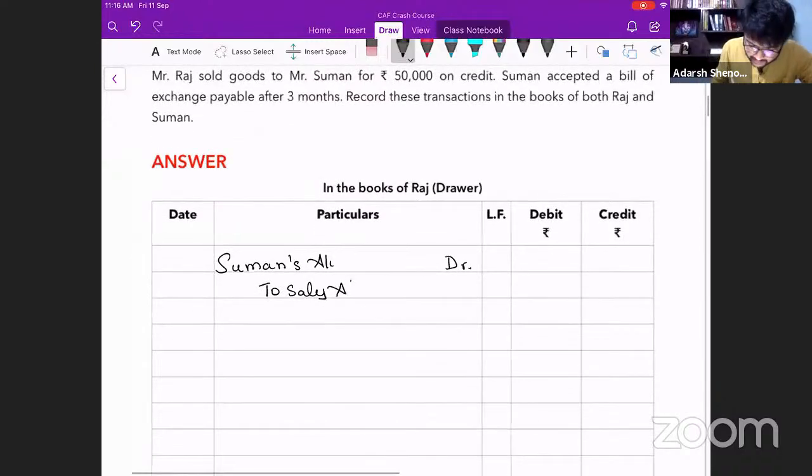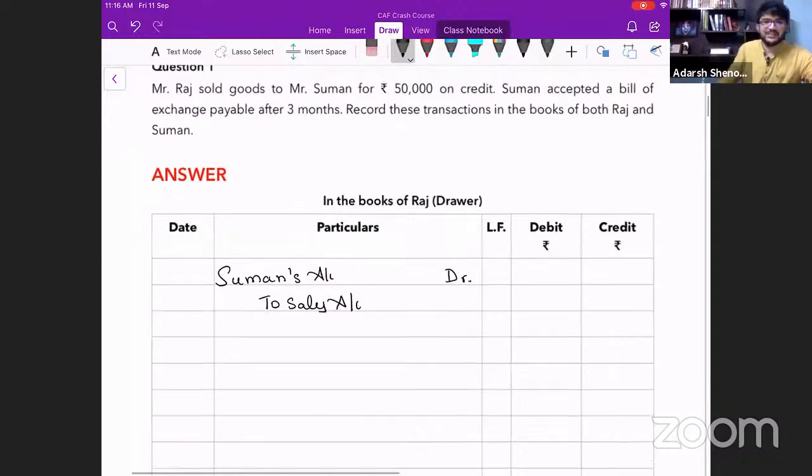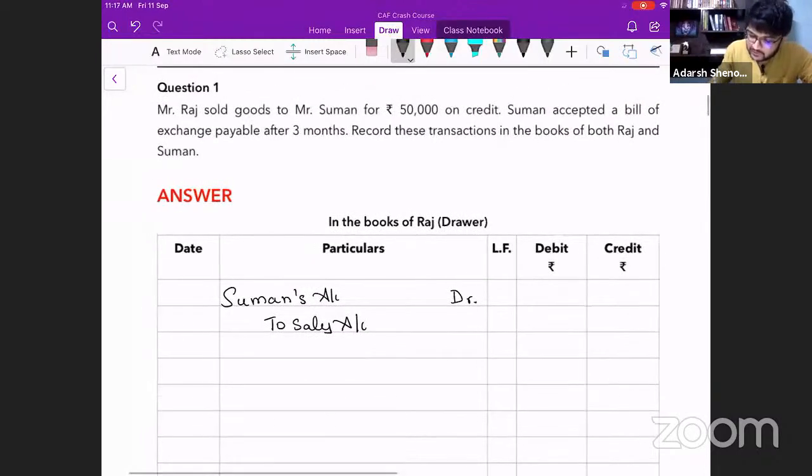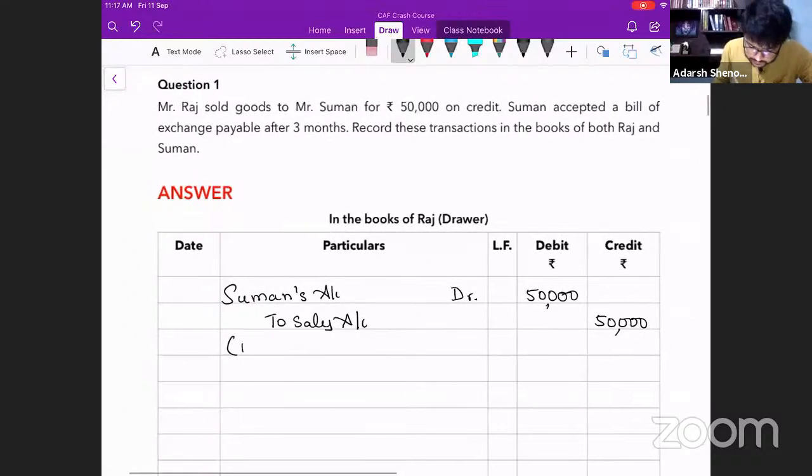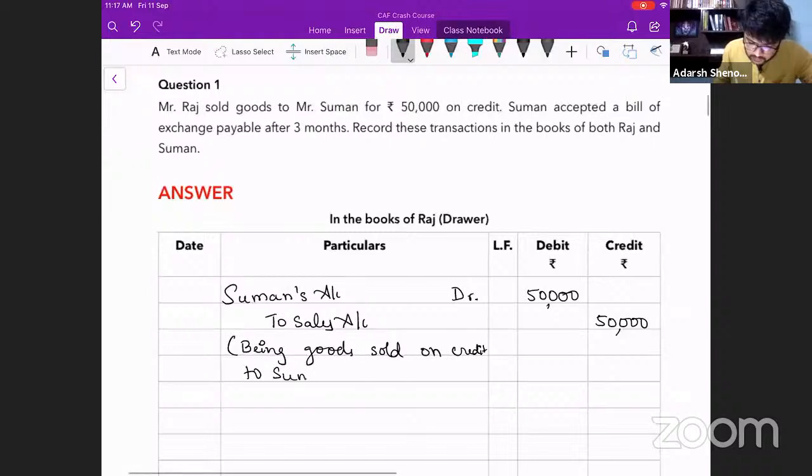My favorite entry. What is the amount? 50,000 rupees. Being goods sold on credit to Suman.